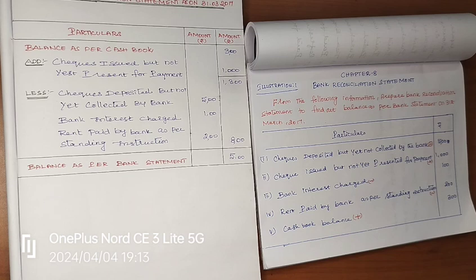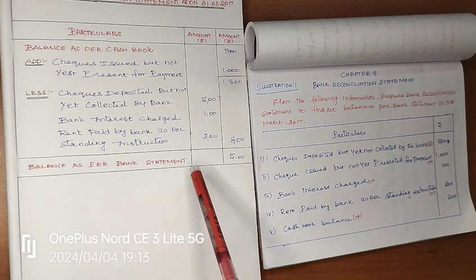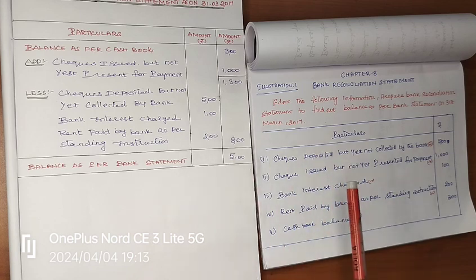So as per the standing instruction, the rent paid by the bank, 200 rupees, decreases your bank statement balance because your bank made the payment for rent on your behalf. But your cash book remains the same. After you receive the bank statement on a particular date, your cash book will be decreased by 200 rupees.